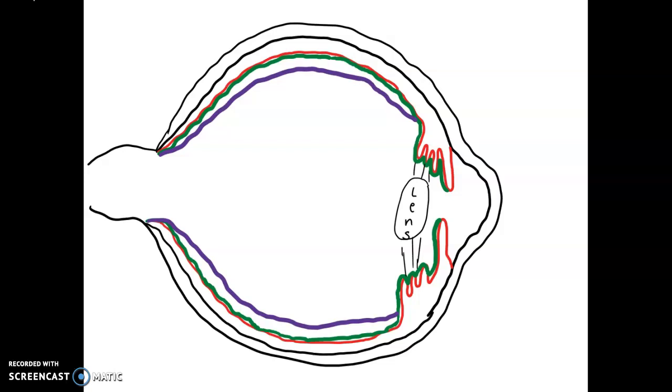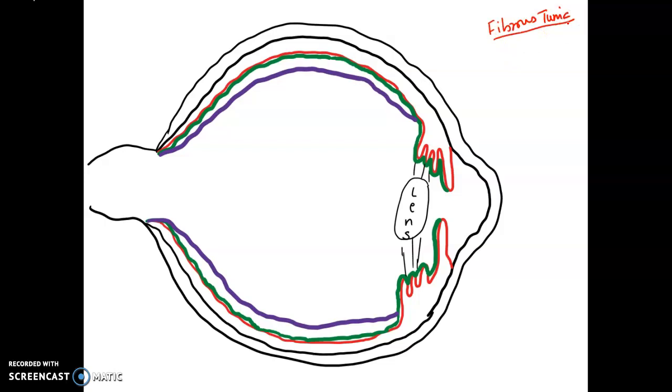The white externalmost layer is called the fibrous tunic. Okay, so the outer layer is called the fibrous tunic.